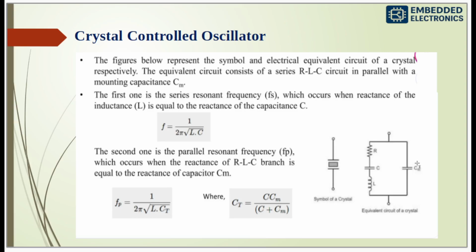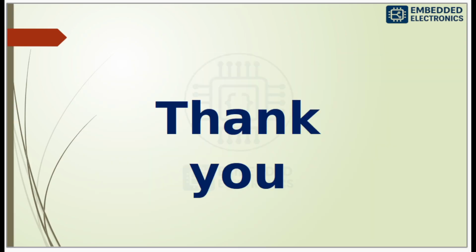Sorry, this is Cm, okay. So at that time Fp, the parallel resonant frequency, is equal to 1 by 2 pi square root of L into Ct. So Ct means this C into Cm divided by C plus Cm. So that's all about the crystal controlled oscillator.